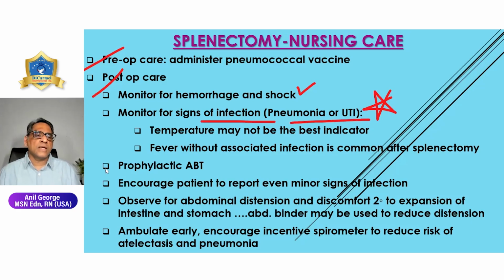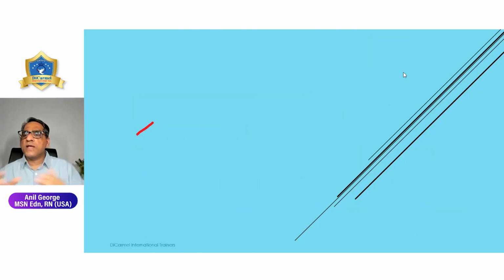And the interesting thing, temperature may not be the best indicator. Now let me explain that. When we get an infection, we understand our body temperature, that fever, can increase. And we also know that fever is not a disease, right? Fever is often a sign of an underlying disease condition, such as an infection in most cases.